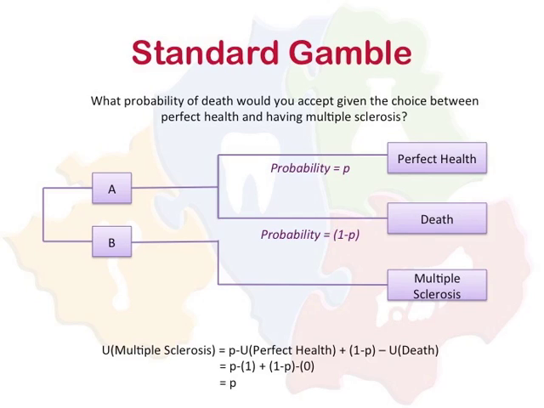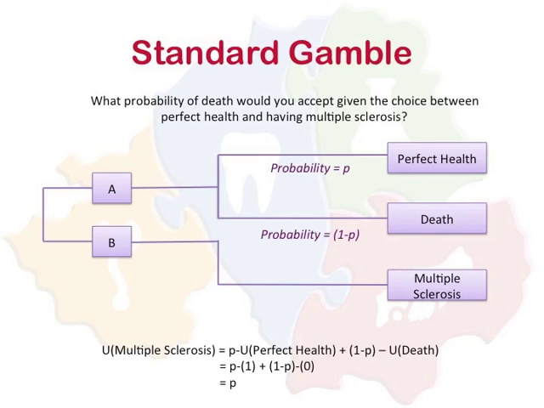So taken the other way, if I would take a 75% chance of perfect health, probability P equals 0.75 or 75%, and the probability of death is 25%, i.e. 100% minus 75%, giving a probability of death of 25%.